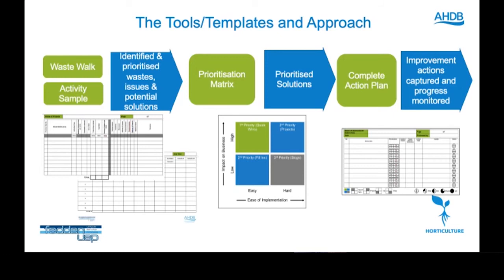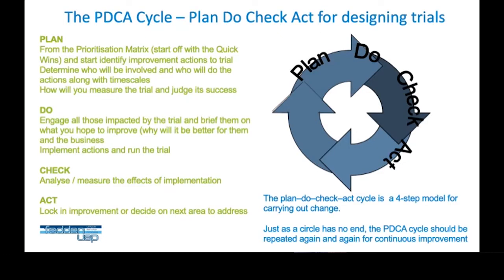And in session 4, we talked about the trials themselves. We use a model called Plan, Do, Check, Act. Your plan is the improvement ideas that you've come up with from your prioritisation matrix. You then implement those ideas, which is the do.